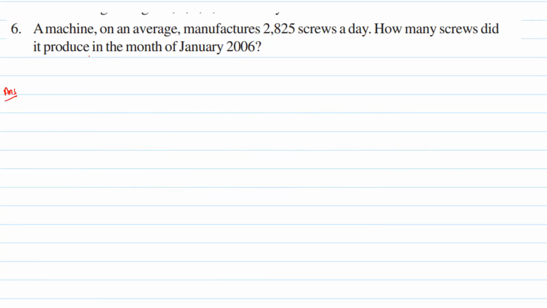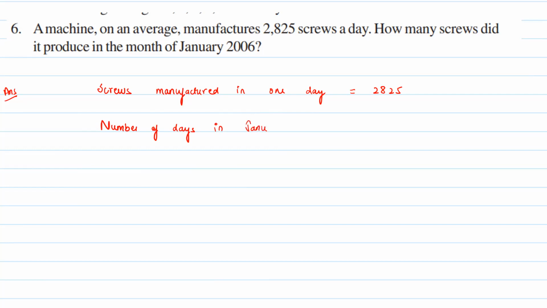Next is, a machine on an average manufactures 2825 screws a day. How many screws did it produce in the month of January? Okay, so screws manufactured in one day is 2825. Now it is asking for the month of January. So you have to write the number of days in January.